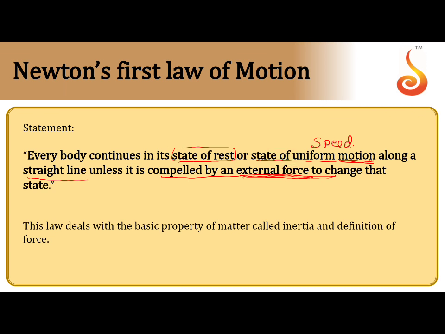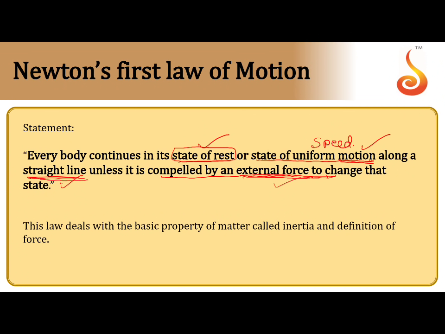Until and unless you exert the force, the direction also doesn't change. So, Newton's first law states that an object will continue to remain in the state of rest or in the state of uniform motion along a straight line until and unless it experiences an external force.